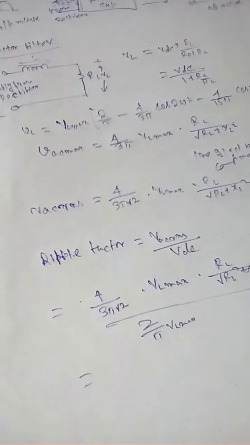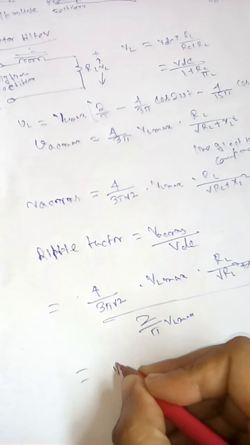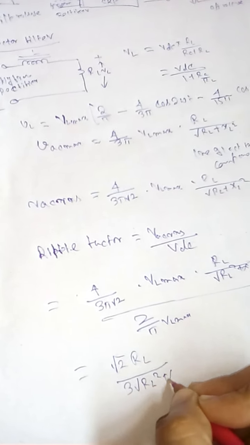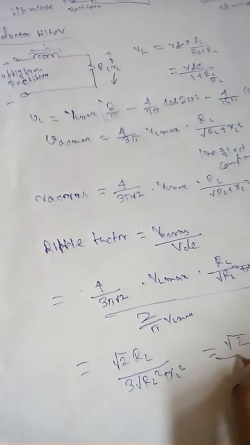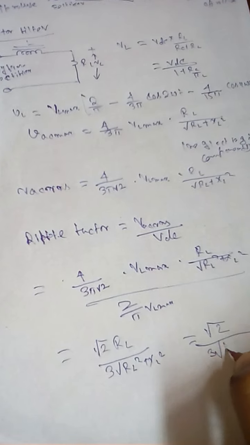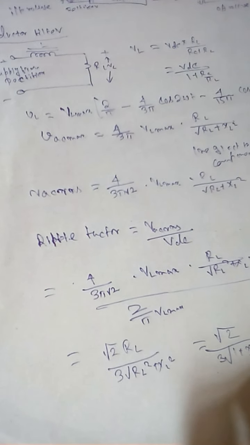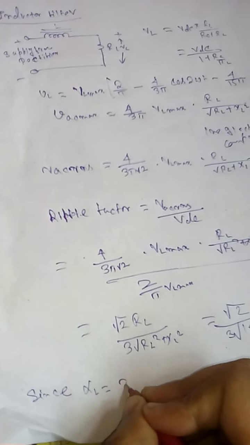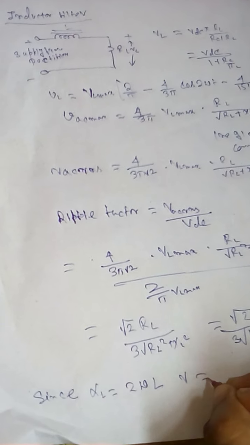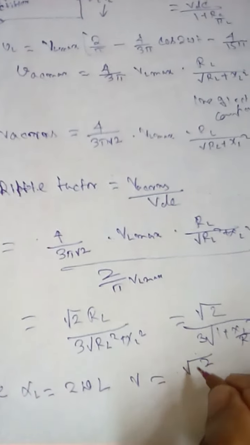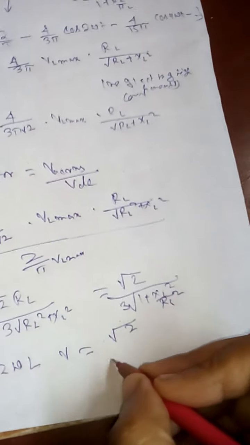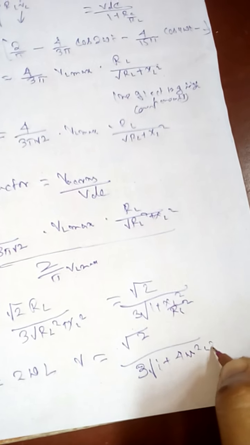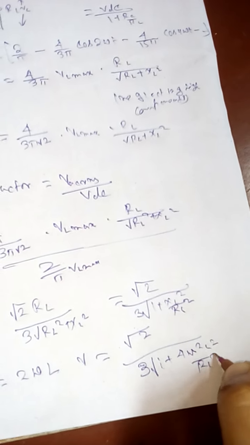After calculating, we get root 2 RL by 3 root over RL square plus XL square, equal to root 2 by 3 times 1 over root of 1 plus XL square by RL square. Since XL equals 2 omega L, the equation is simplified to root 2 by 3 times 1 over root of 1 plus 4 omega square L square by RL square.